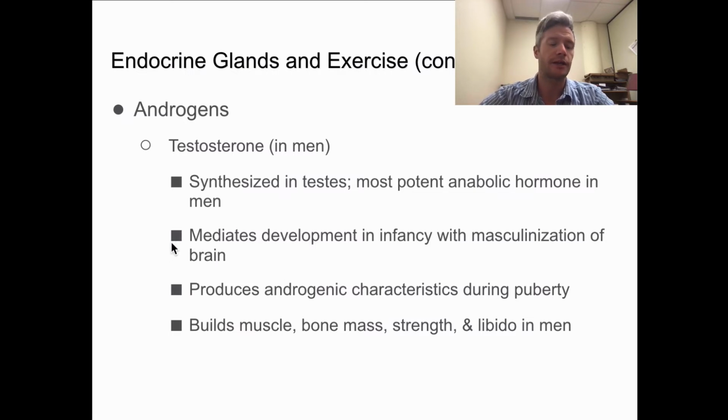So I think it's interesting to look at the differences between male and female brains. Testosterone is one factor that weighs into that, but clearly not the be-all and end-all, as our brains are very complicated organs.